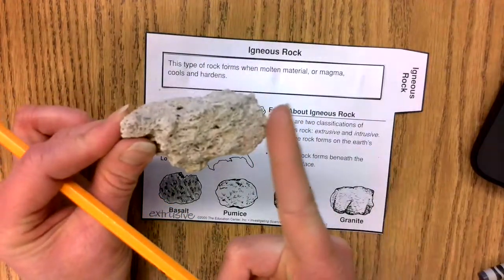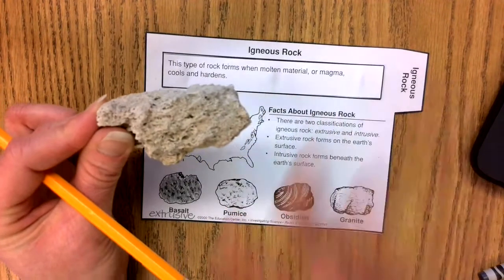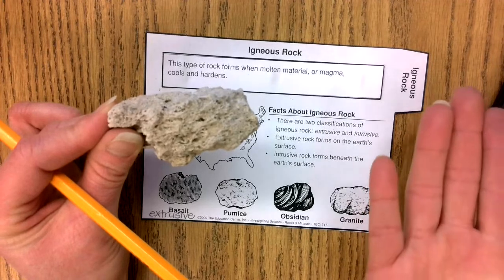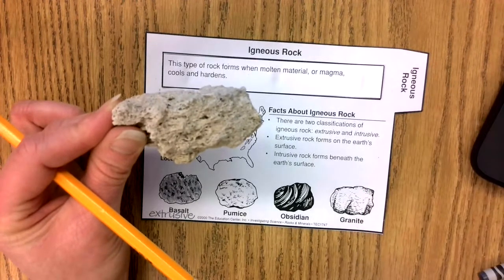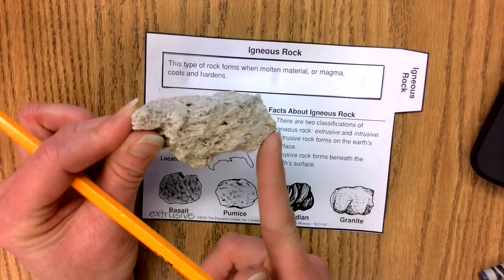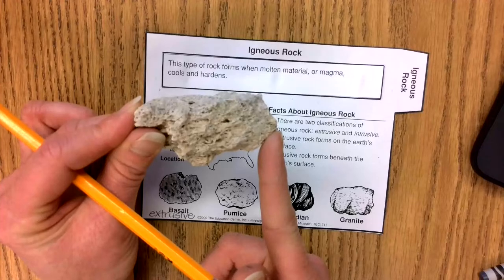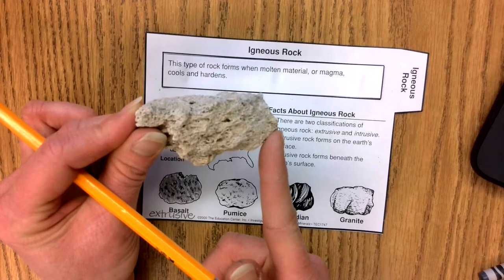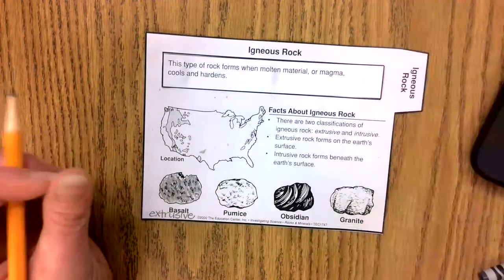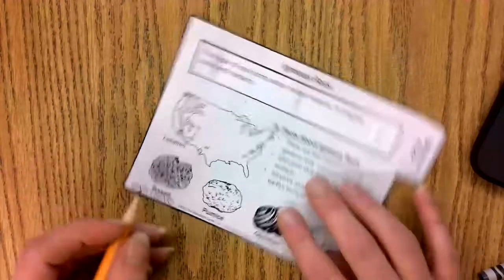So do you think that this is formed inside of the earth or on the earth's surface, outside of the earth? And if you guessed outside of the earth, you are right. This is when lava cools super fast that it still has gas bubbles and air bubbles in it. So pumice is extrusive.